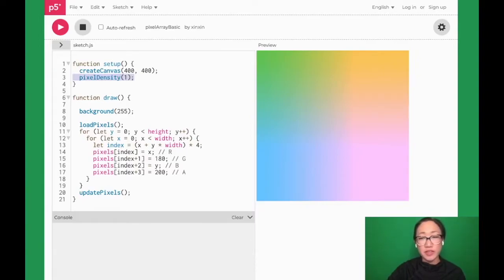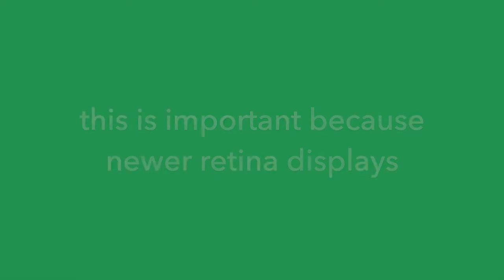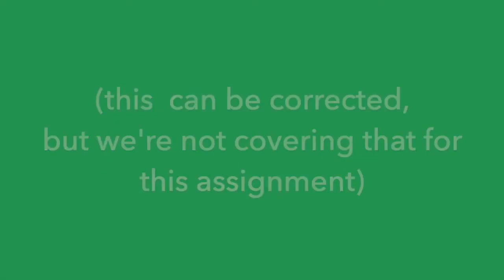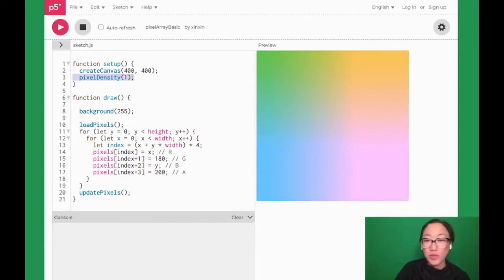What this does is turn off the function in p5.js that automatically sets your display density to your monitor density. And we're setting the background to 255, which is white.